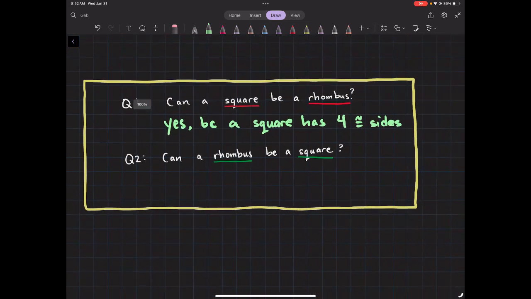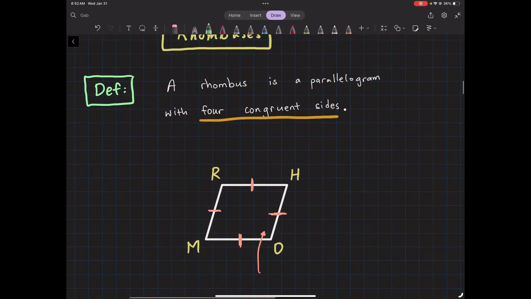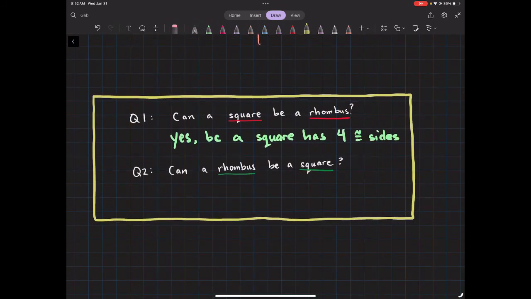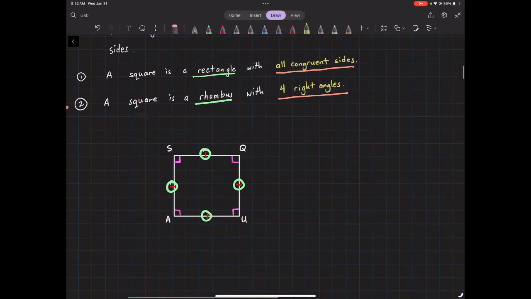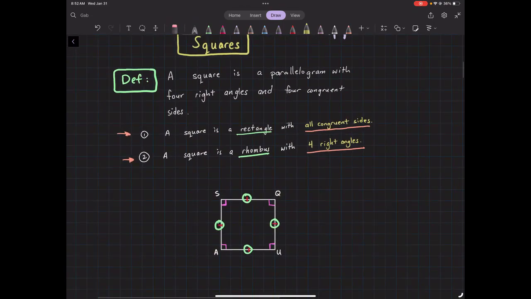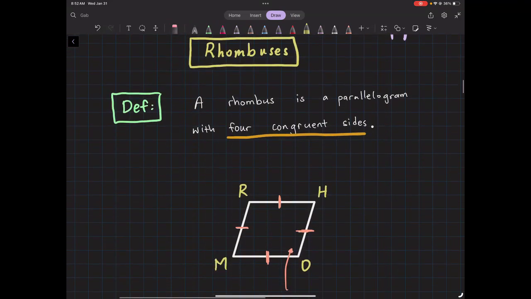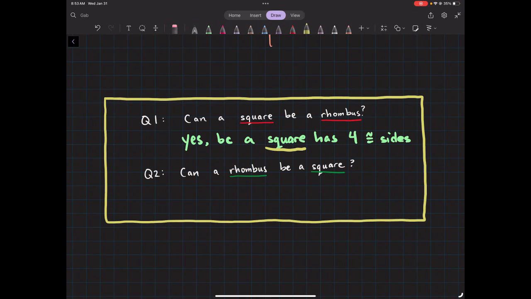So if you see my argument that I'm making here, I'm picking on the fact that a rhombus has four congruent sides, right? Okay, so your base is you're working with a square. They tell you it's a square. So whatever they tell you, go back and look at the definition. Okay, the square has four congruent sides, four right angles, and as long as you have four congruent sides, it is also classified as a rhombus.